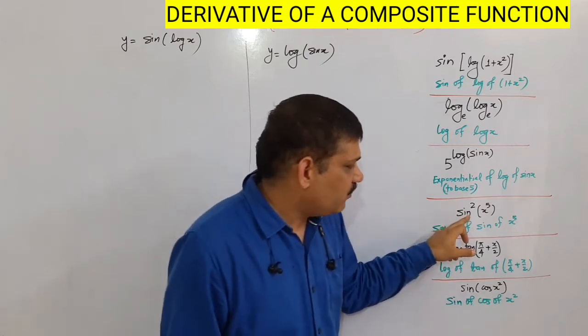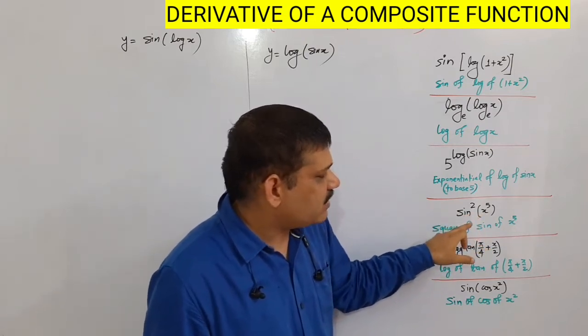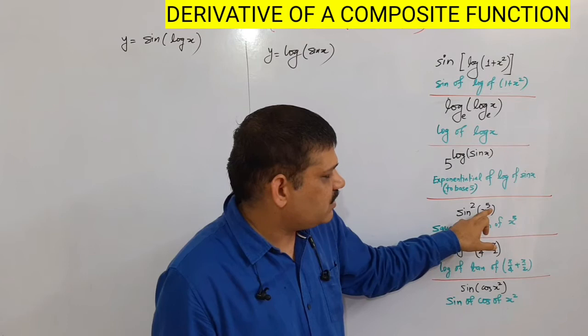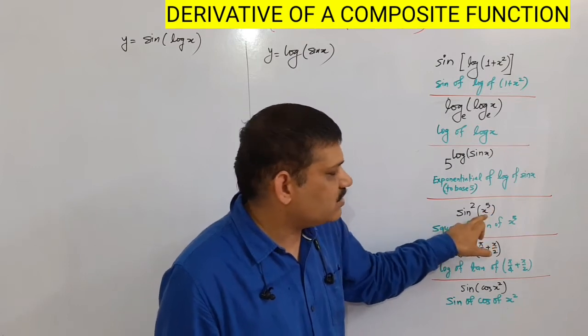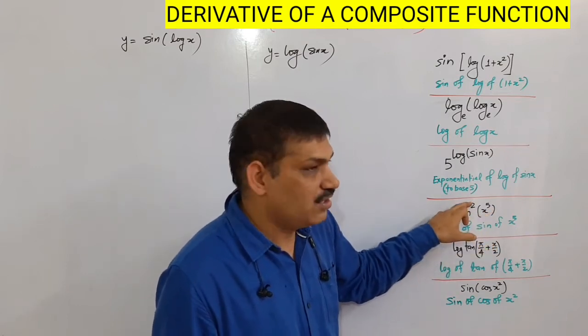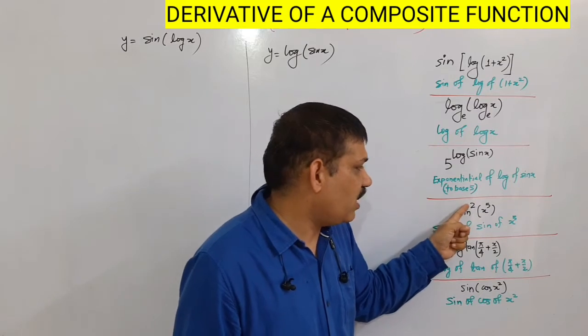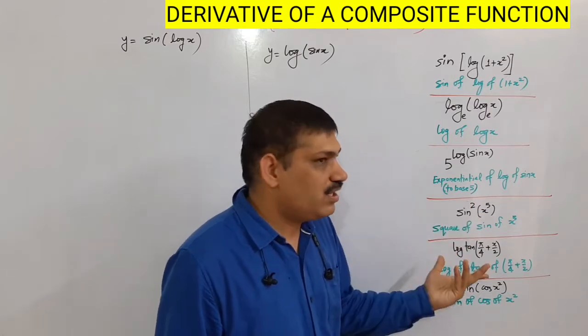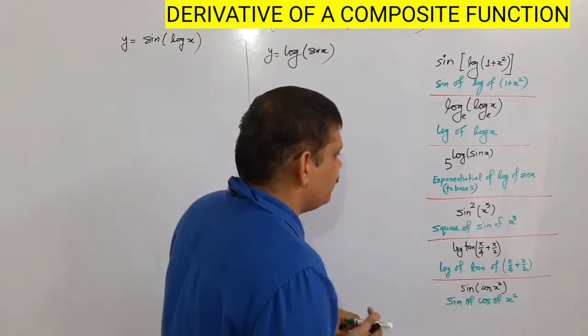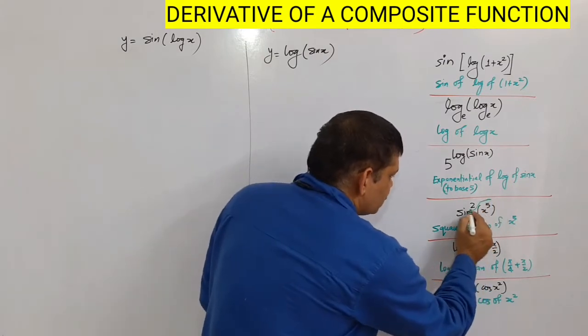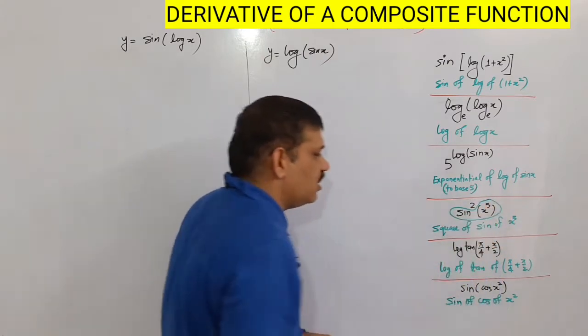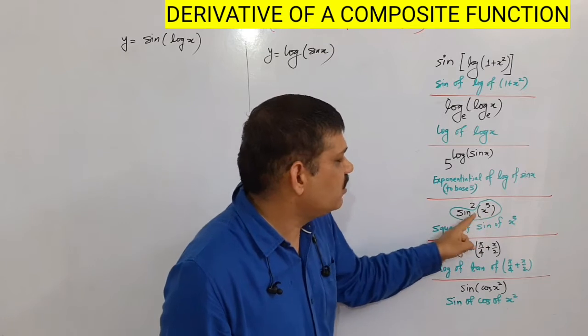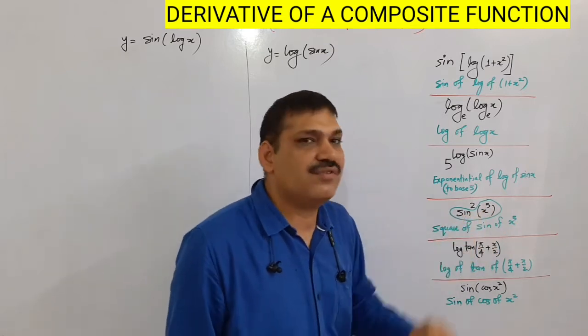Likewise here, if you are given x, then first of all you will find the value of x raised to 5, then you will find sine of x raised to 5, and then you will square it. So what you have done is, you have squared the sine of x raised to 5.